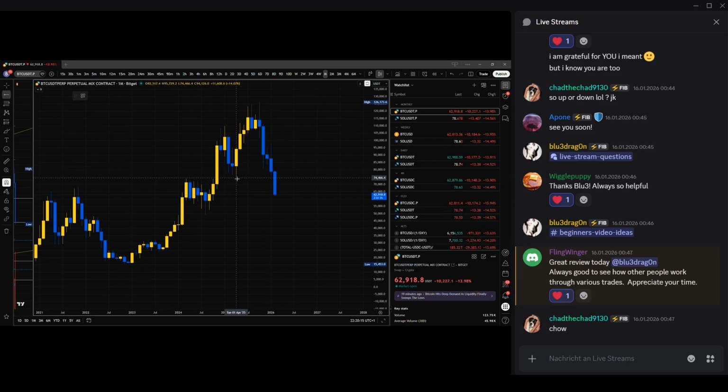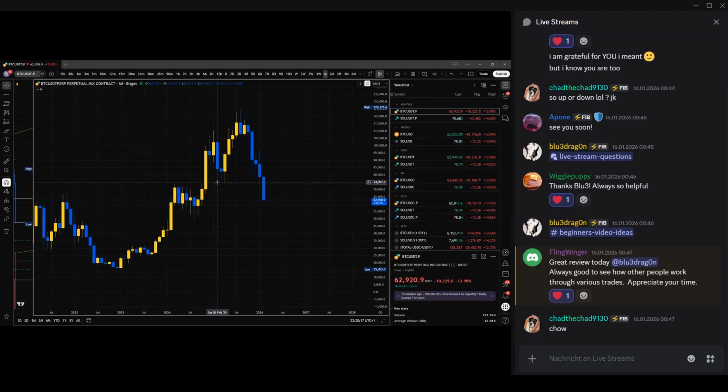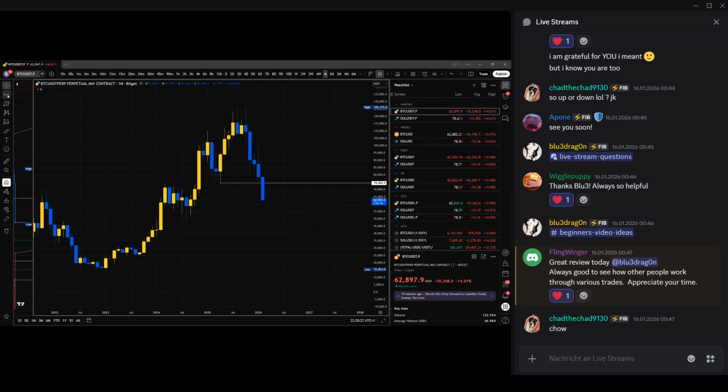So let's start by putting a break level here on this monthly candle. If you don't know why they are put there, how you put them, or what the rules are, just speak up or write in chat and let me know. Other than that, I would suggest you know the basics or have seen other live sessions or educational videos from the YouTube channel that explain those things. And then I just keep going, you know.